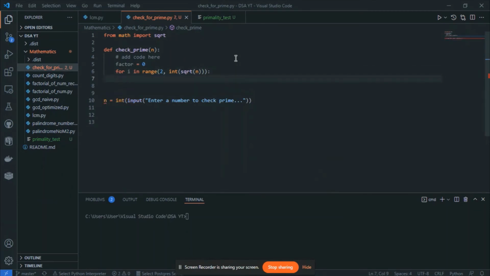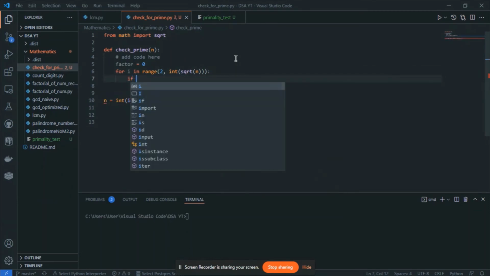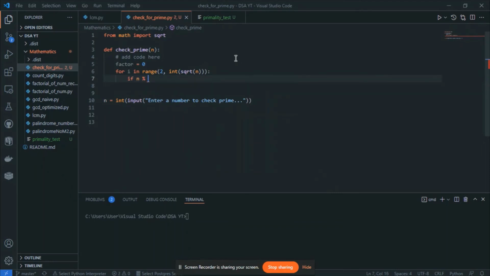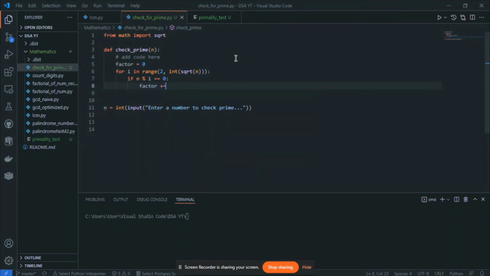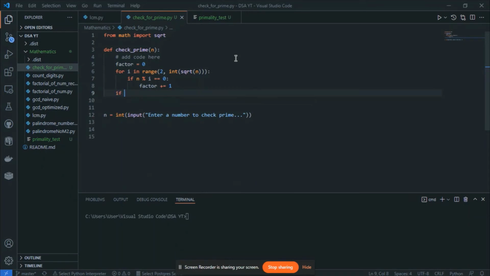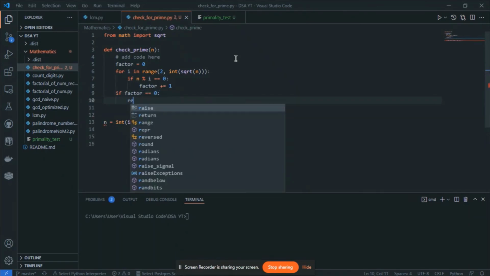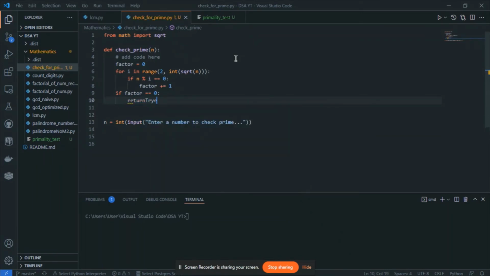So this is our range that we're going to check. Now if n is divisible by i, then we will increment factor by 1. Okay, so if factor's value is equal to 0, then we will return true.